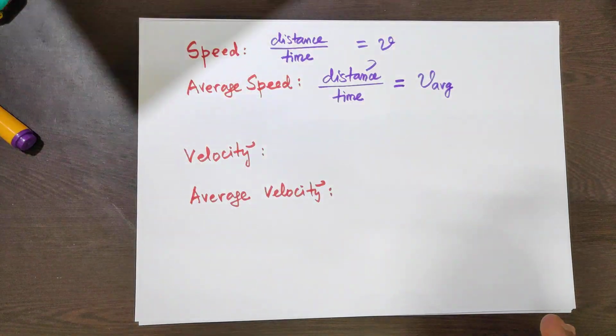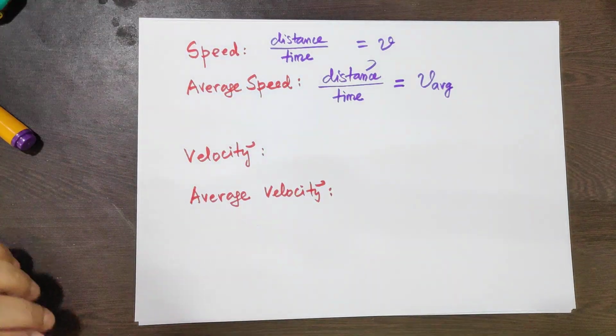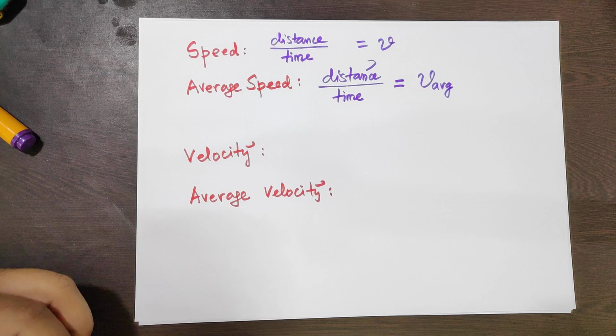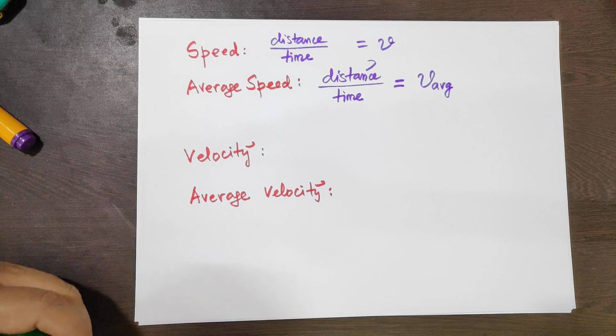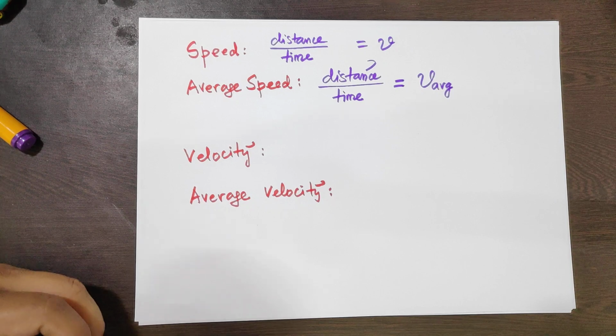By the way, so next, the velocity. What is meant by velocity? You know, speed. By speed we mean a scalar quantity. That means only the magnitude of the speed, say 60 kilometer per hour, say 5 meter per second, that information is sufficient.